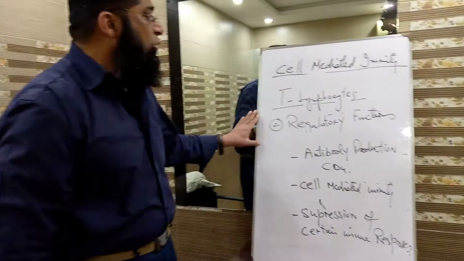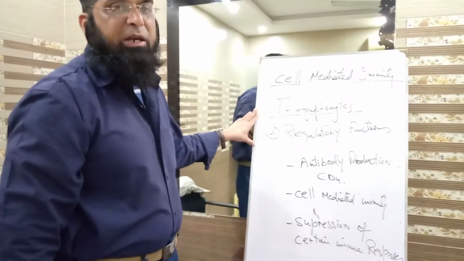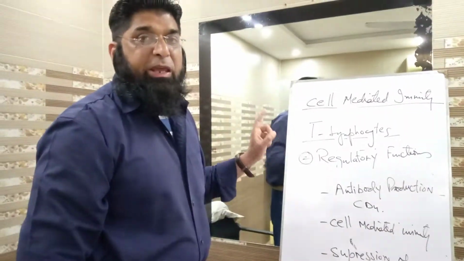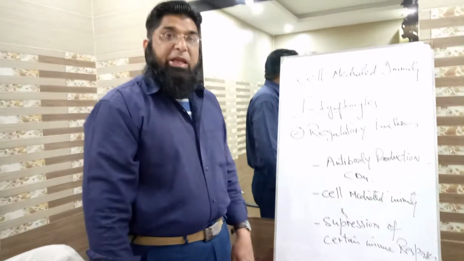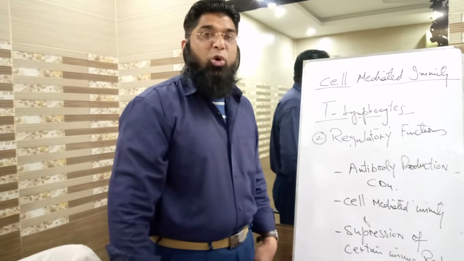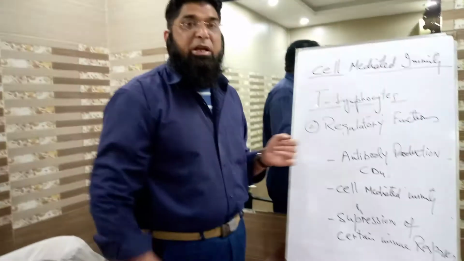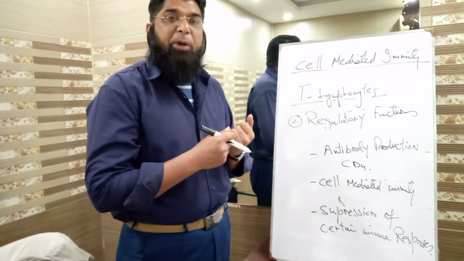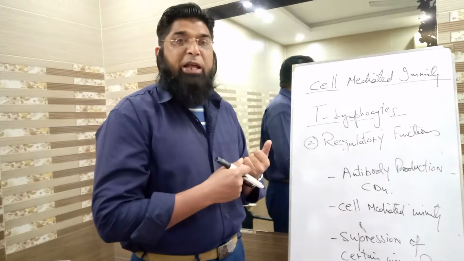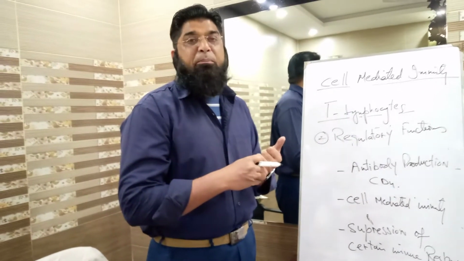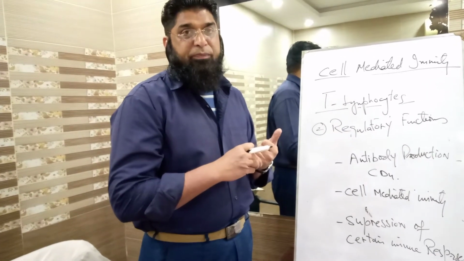So I conclude that the functions of T lymphocytes are mainly of two components: effector functions and regulatory functions. I have told you there were two main effector functions: number one, expression of delayed type hypersensitivity, and number two, expression of cytotoxicity.